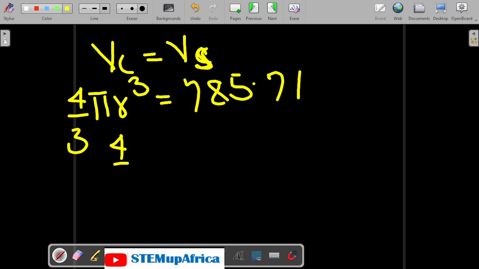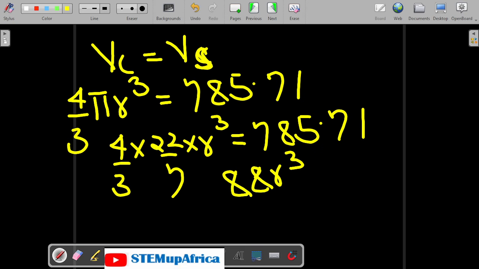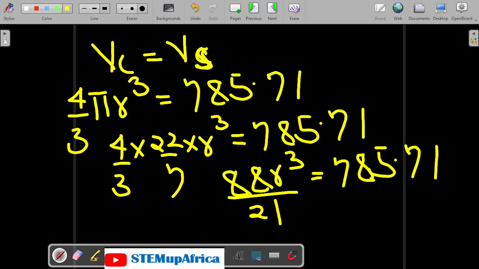I'm having 4/3 times 22/7 times r cubed equal to 785.71. So I'm going to have 88 r cubed over 21 is equal to 785.71.